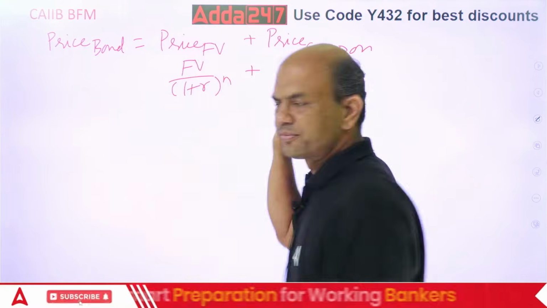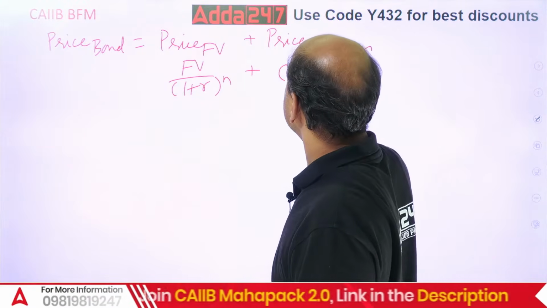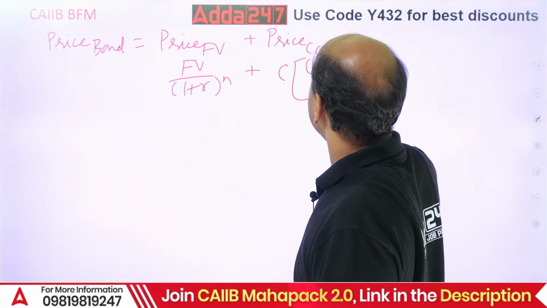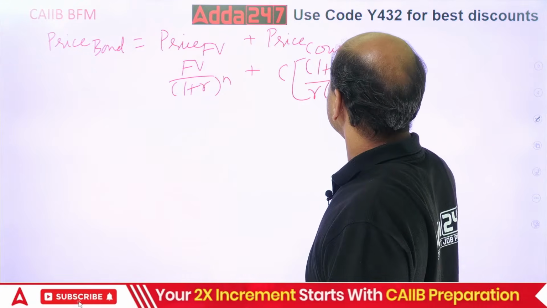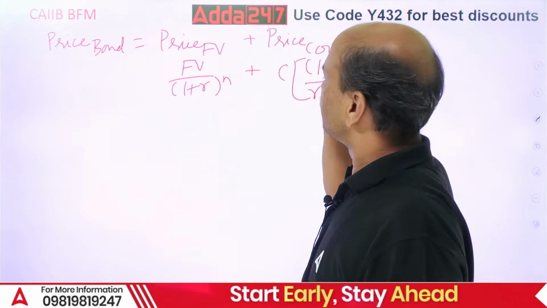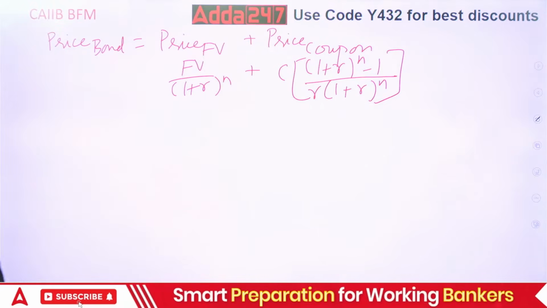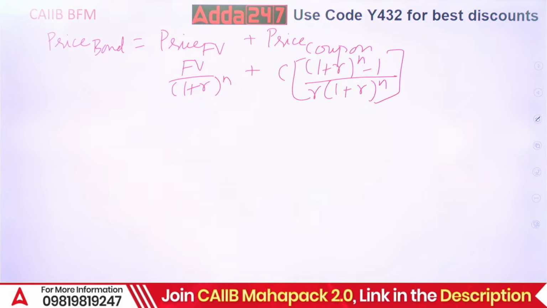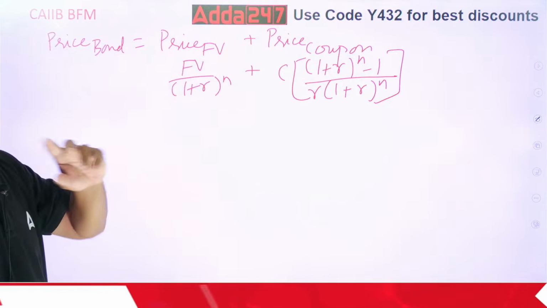For this you have the annuity formula: C into ((1 plus R) raised to n minus 1) the whole upon R into (1 plus R) raised to n. This is the formula for the present value of the annuity, and the first part is the present value of the face value, that is, of the redemption amount.